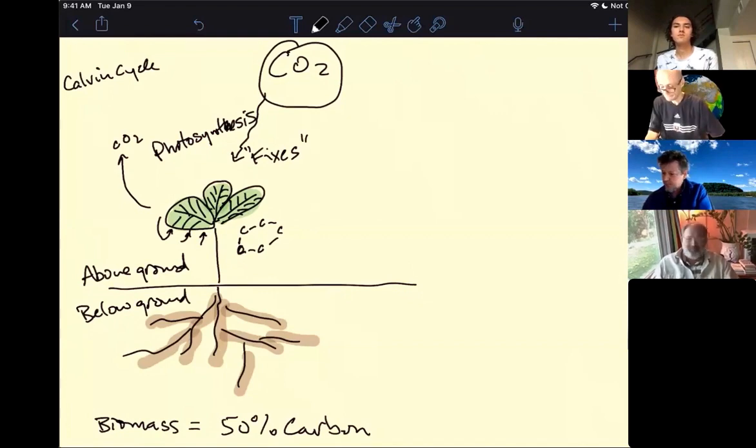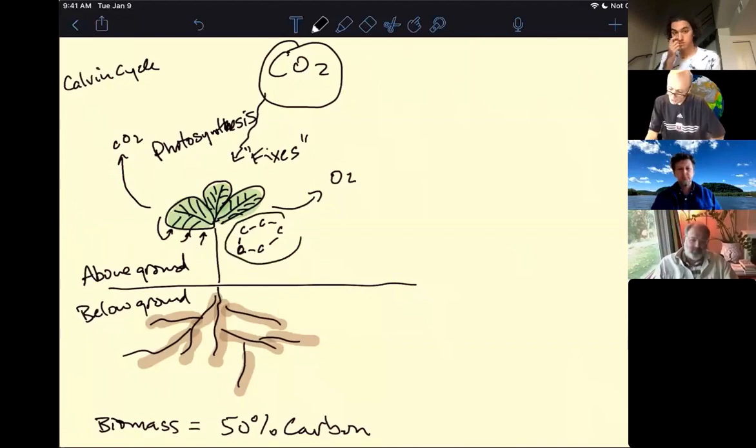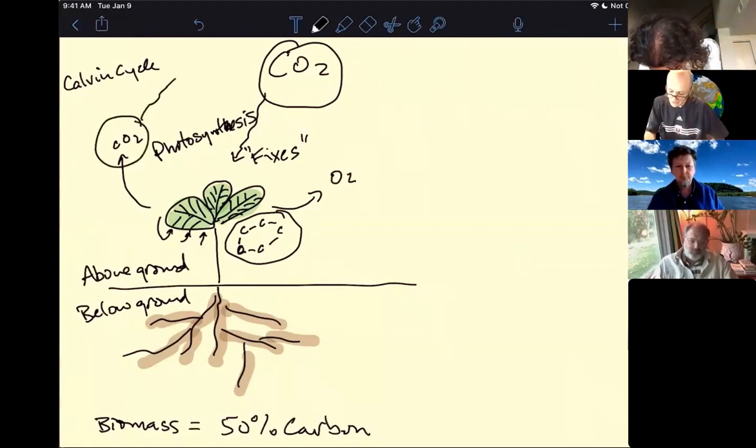Yep, that's right. So they take in carbon dioxide from the atmosphere, they generate oxygen, but then they have to use up some of this energy that they've stored in these carbon-containing molecules in order to maintain themselves. And in the process of doing that, they liberate carbon back into the atmosphere, and they use up oxygen to do that.